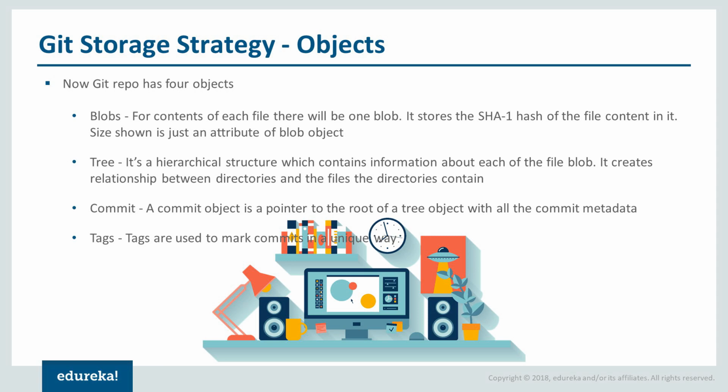For each file, there is one blob, which stores the SHA-1 hash of the file content. Next come the trees, which represent one level of directory information, that is, a hierarchical structure which contains information about each of the blobs. It creates a relationship between directories and the files in it.